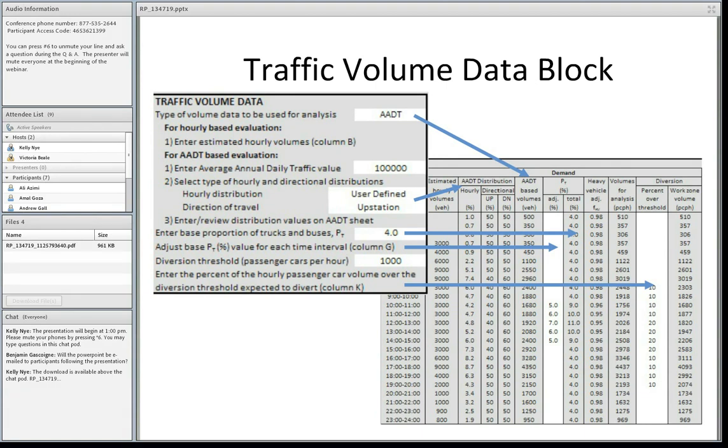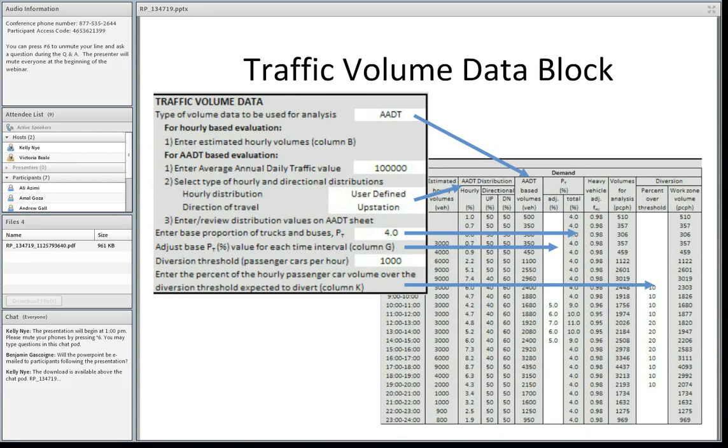The user then has the base truck percentage to enter and any adjustment for each hour of the 24-hour period. Just like the hourly traffic volume data, if ADT is selected, a diversion threshold of 1,000 is the default but can be adjusted, and the percent over threshold is entered by the user.